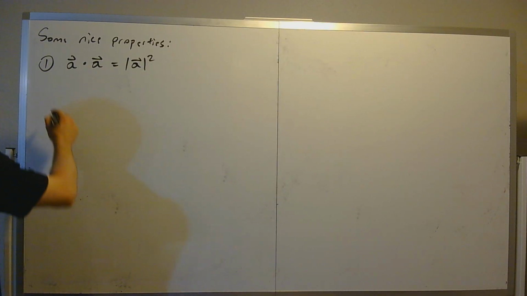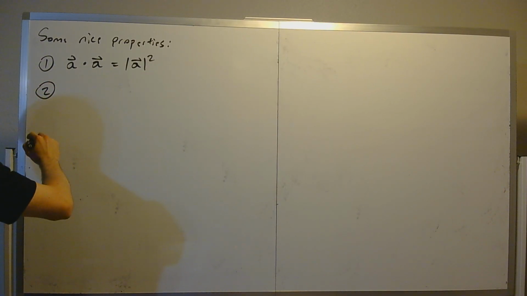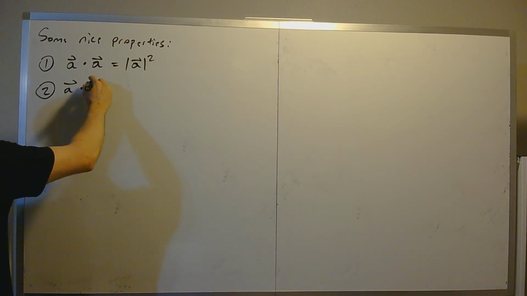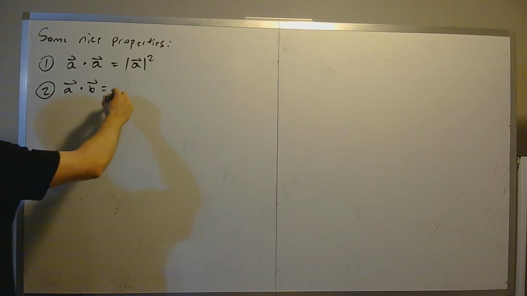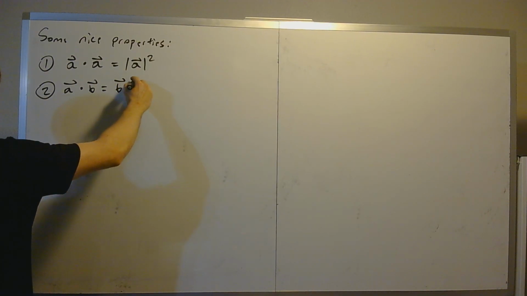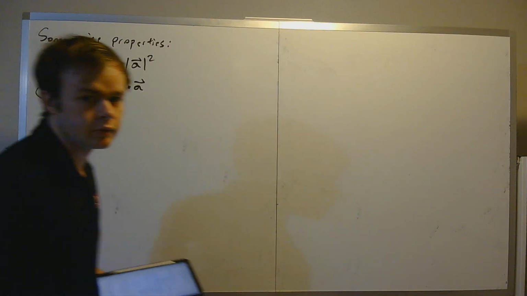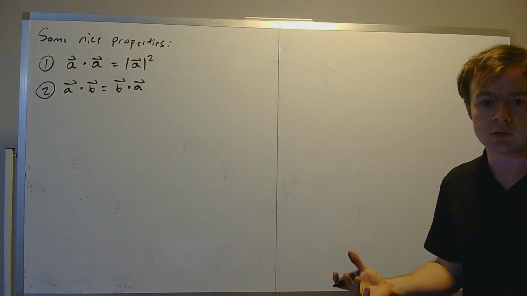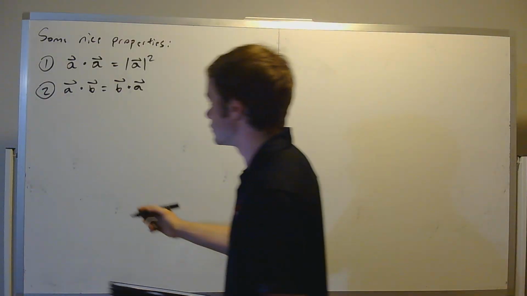Okay? The second property here is going to be if you have A dotted with B, then that's going to be the same thing as B dotted with A, because if you remember our formula, we didn't care which one was the first vector and which one was the second vector. So it doesn't matter which order you do the dot product in.